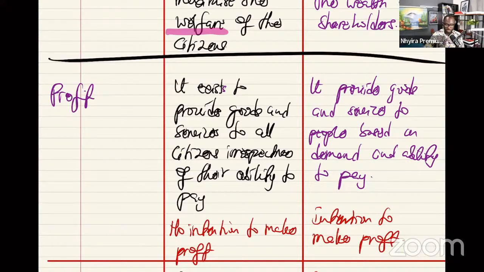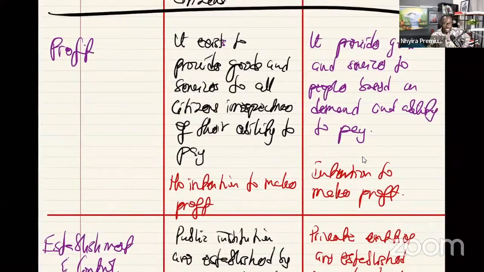They are there to provide goods and services to people, irrespective of their ability to pay, technically. But private sector entities provide services to people based on their ability to pay, and we want to make profit at the end of the day.